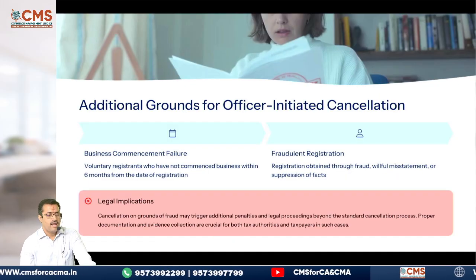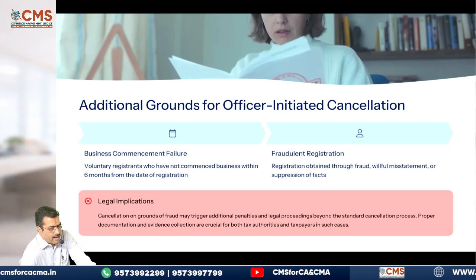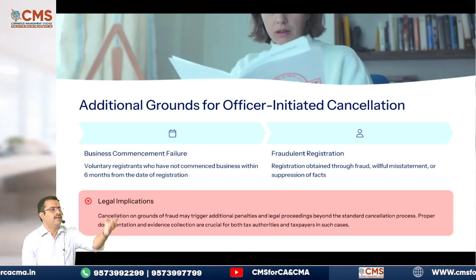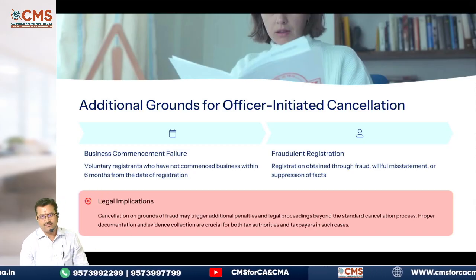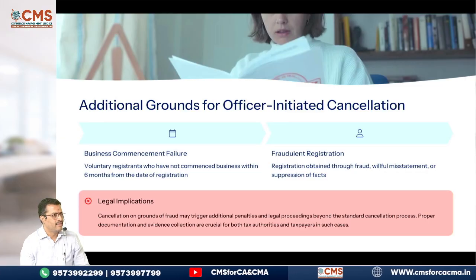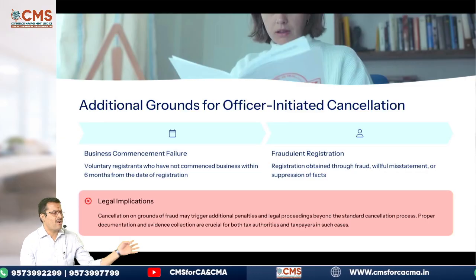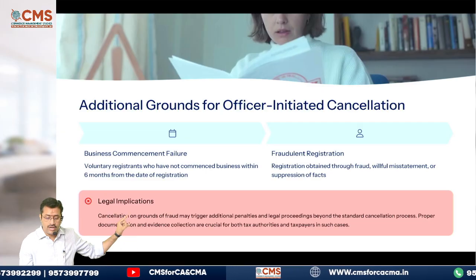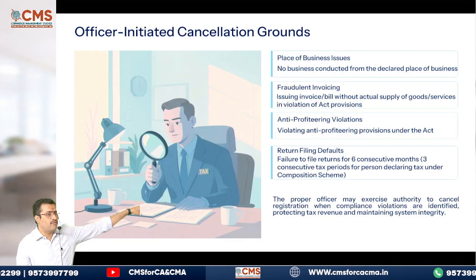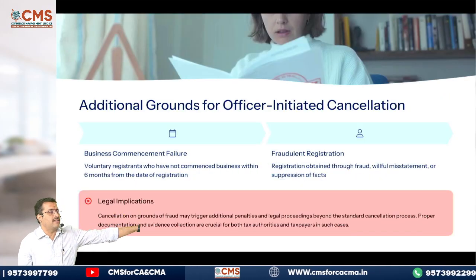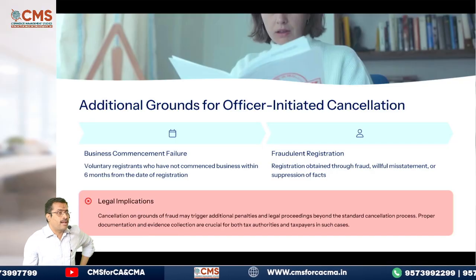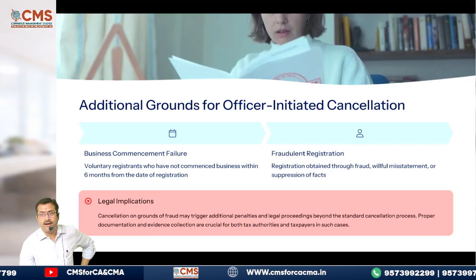And now see, additional grounds for the officer. Number 1, business commencement. You didn't start your business at all. Then also the officer can cancel the registration. Fraudulent registration. Earlier, fraudulent invoicing was there. Now I am saying fraudulent registration. That means you obtained registration by way of fraud.